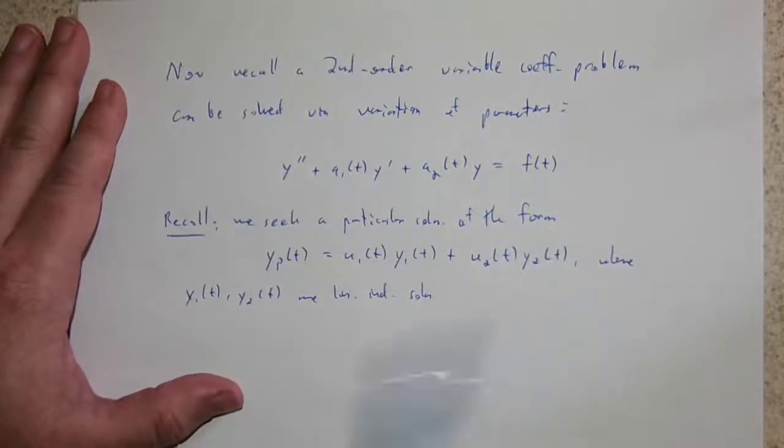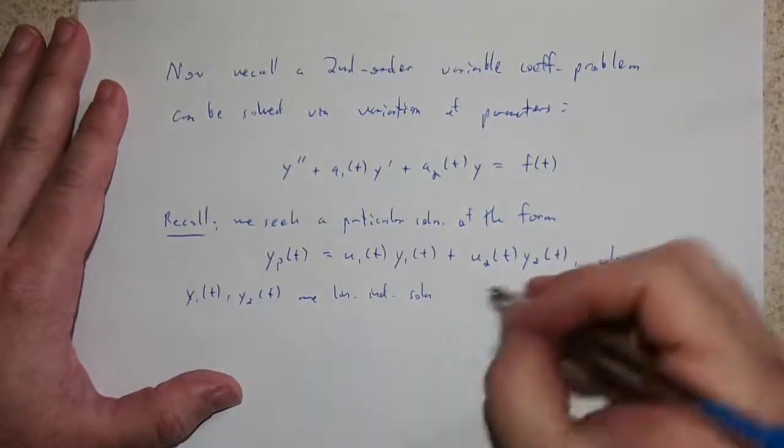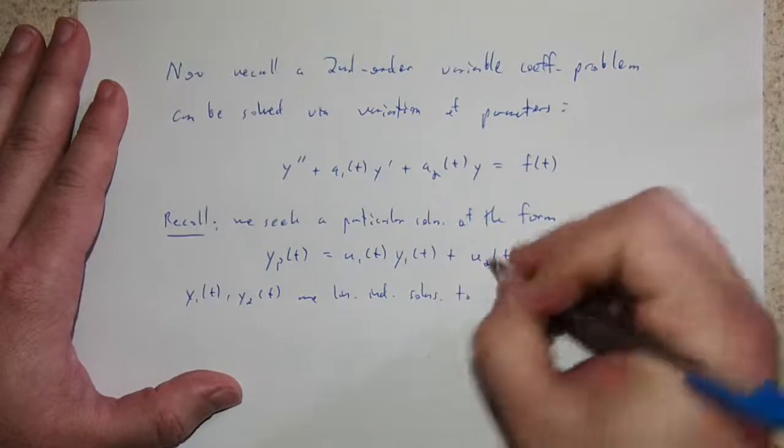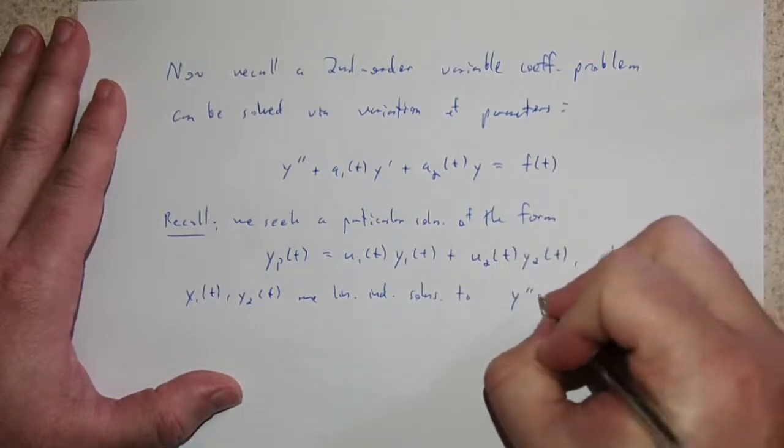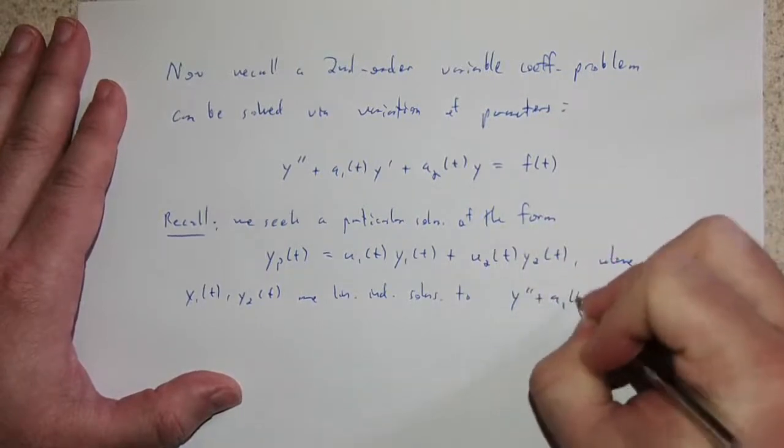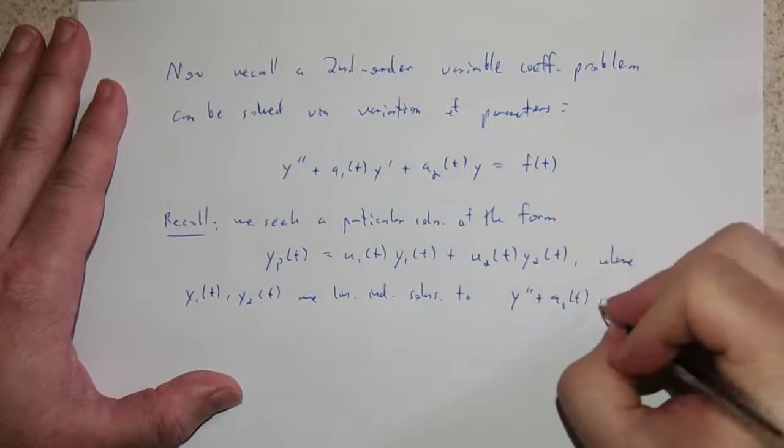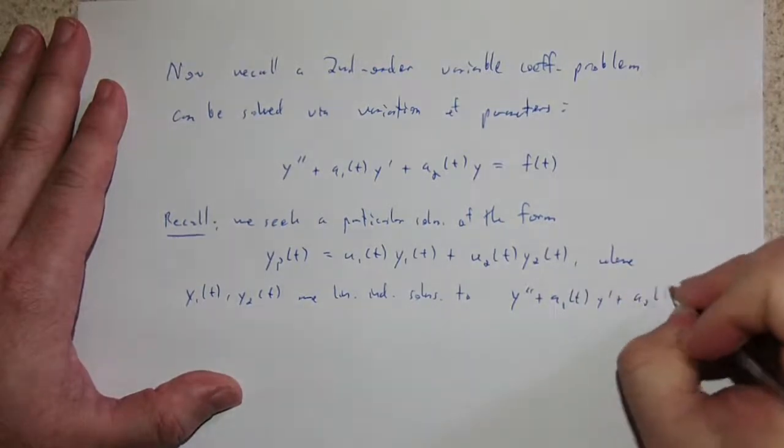That's another way of saying this, where y1 and y2 are linearly independent solutions to the associated homogeneous equation y double prime plus a1(t) y prime plus a2(t) y is equal to 0.